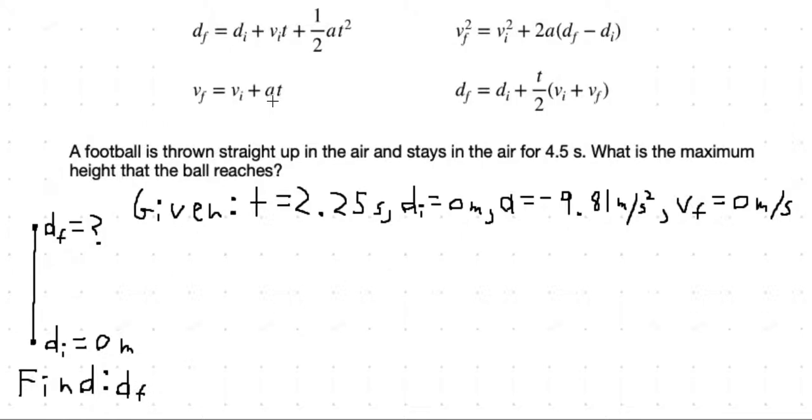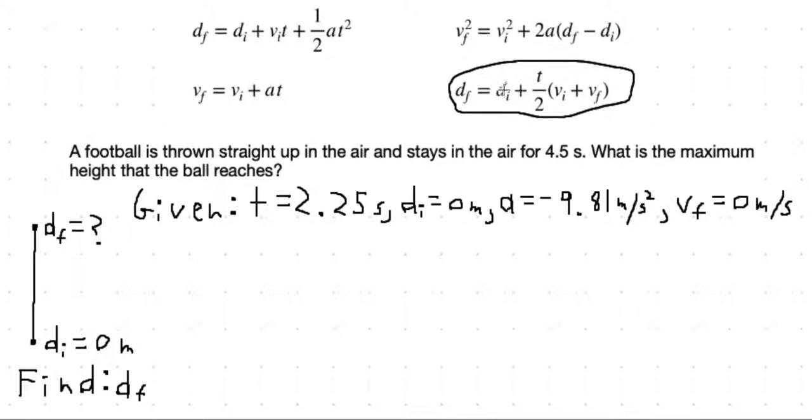There isn't one equation in particular that has all these variables in it, so we can pick two equations and then solve the two unknowns that we have. So let's look for one that has df in it. This one right here has df, which we're trying to find.